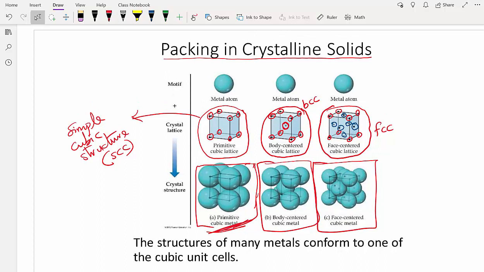But if you look at these structures properly, you will see that the atoms are not completely inside the cube. Some parts of the atoms are outside the cube. Let us now take a look at how to calculate the net amount of atom in a unit cell.